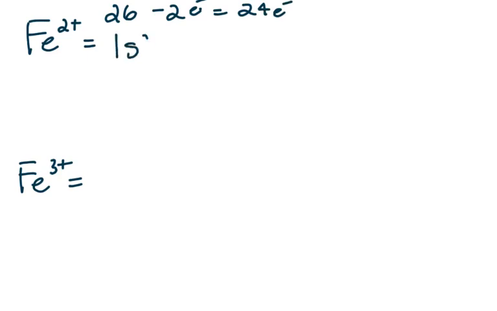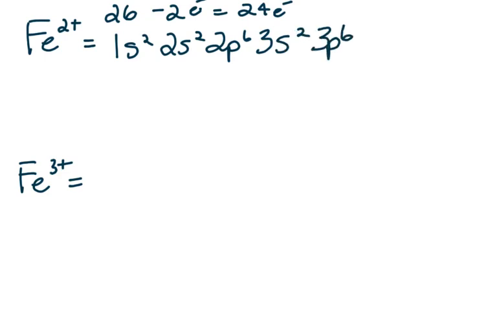So I have 1s2, 2s2, 2p6, that's 10, 3s2, 3p6, so that's 18. 4s2 is 20, and 3d6 would give me 26. So that's the normal one. Now in this case, when you're taking away the electrons, you take it from the highest energy level.